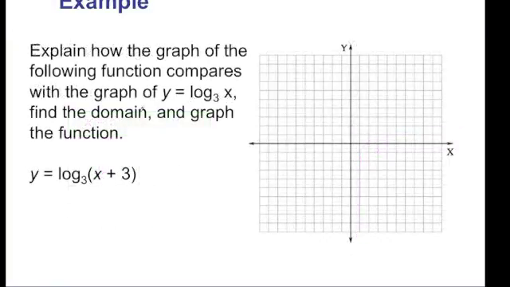We need to say how this compares with log base 3 of x, find the domain, and graph the function. Well, this plus 3 with the x is going to mean I'm moving 3 left. And what that does is move, remember this graph by ones, it has moved the vertical asymptote from the y-axis to x equals -3.